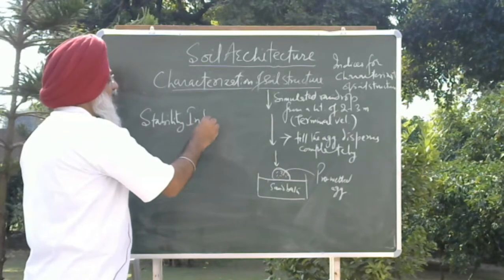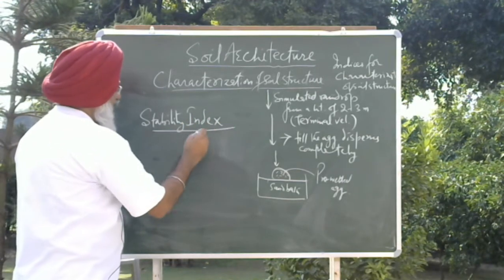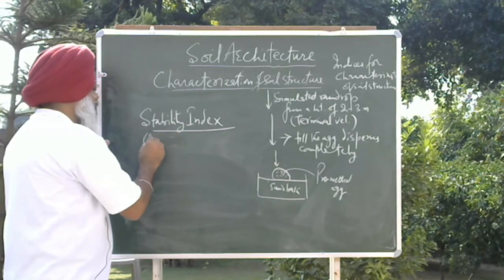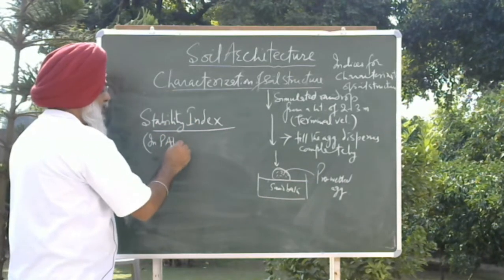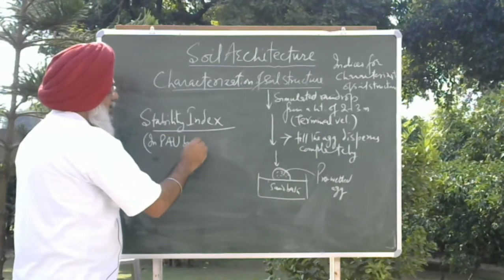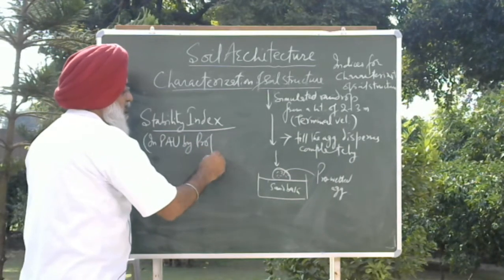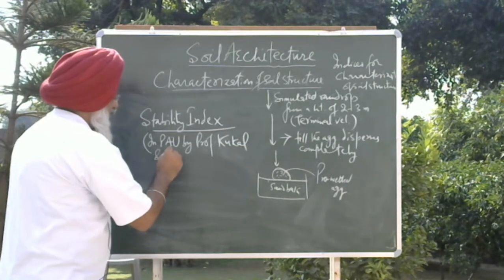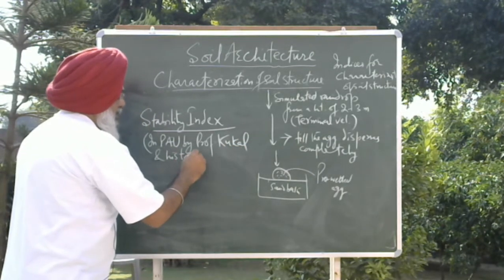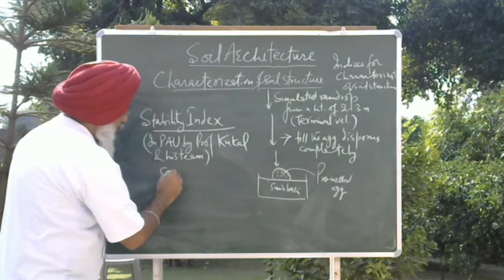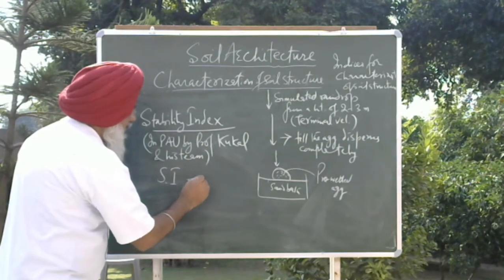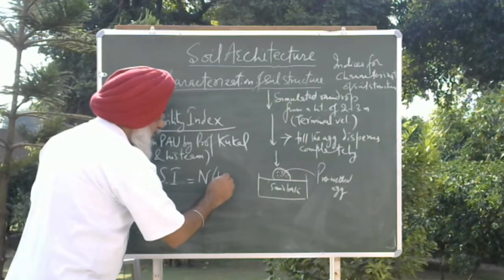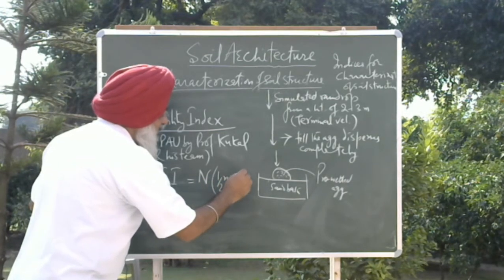So, we have to count the number of raindrops used for complete dispersion of the aggregate, and then we can frame a stability index. This stability index, called SI, was developed in PAU by Professor Kuckel and his team. So, this is number of raindrops multiplied by 1/2 mv square.